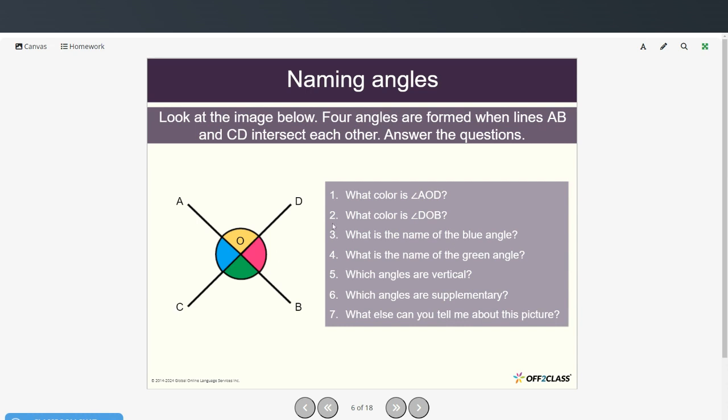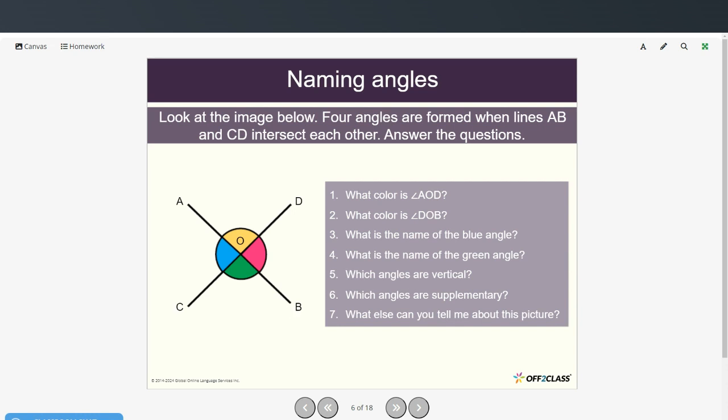What color is angle DOB? So here, that represents DOB, so it's pink. And then what is the name of the blue angle? Well, it's AOC. And what is the name of the green angle? COB.